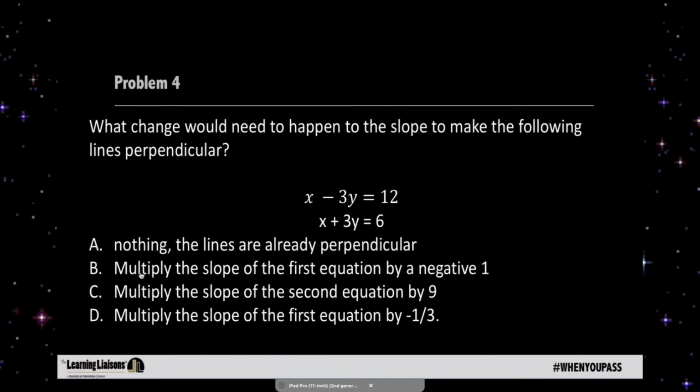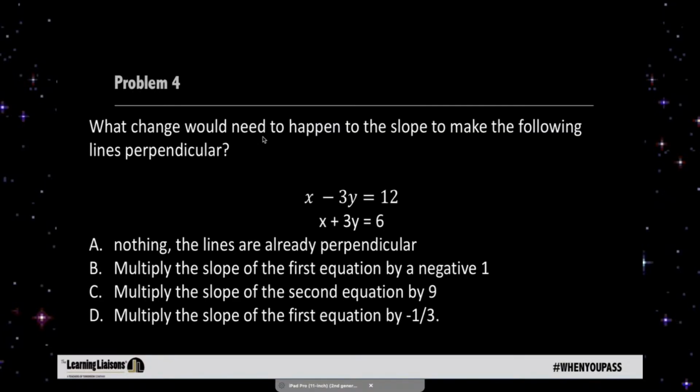What change would need to happen to the slope to make the following lines perpendicular? X minus 3y equals 12.